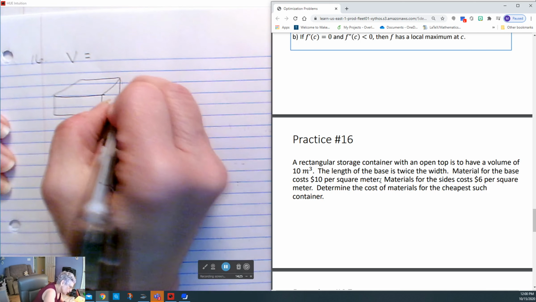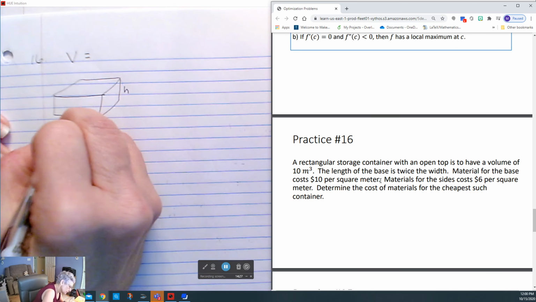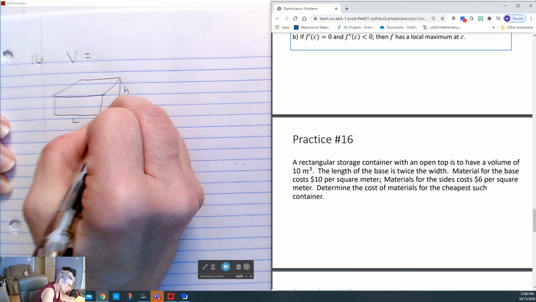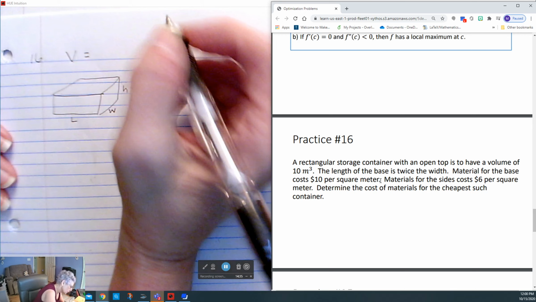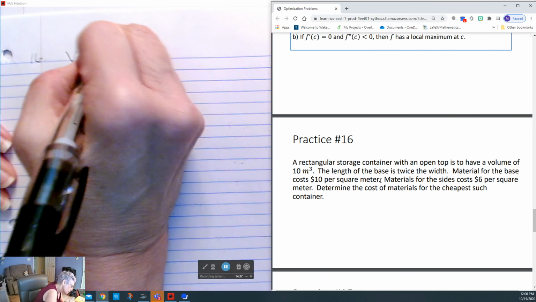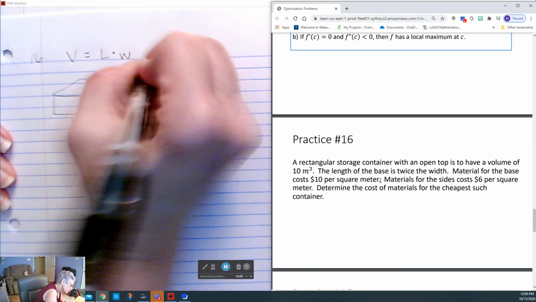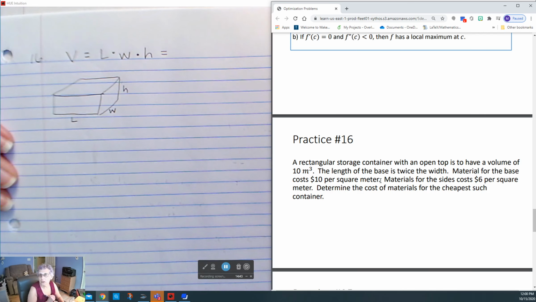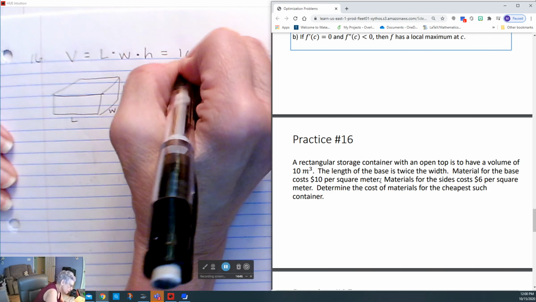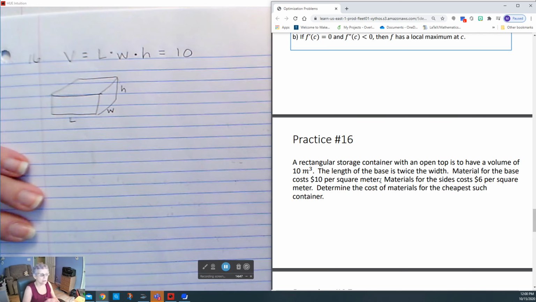So here is height, length, and width. You could use X, Y, and Z if you want. I don't care. I use L, W, and H. So volume is equal to length times width times height. And that has to be equal to 10. I have a constraint as a number on one side of the equal mark.